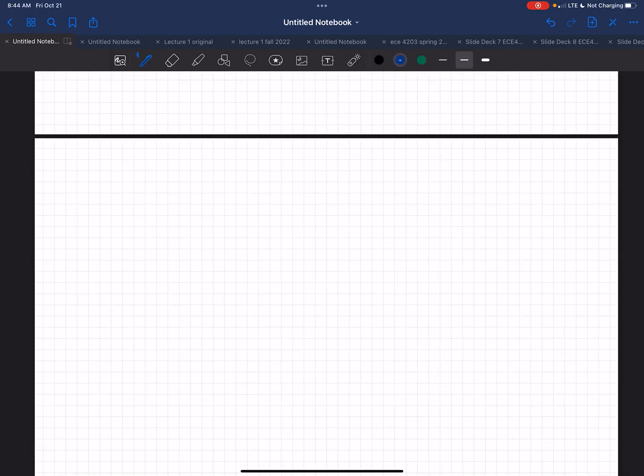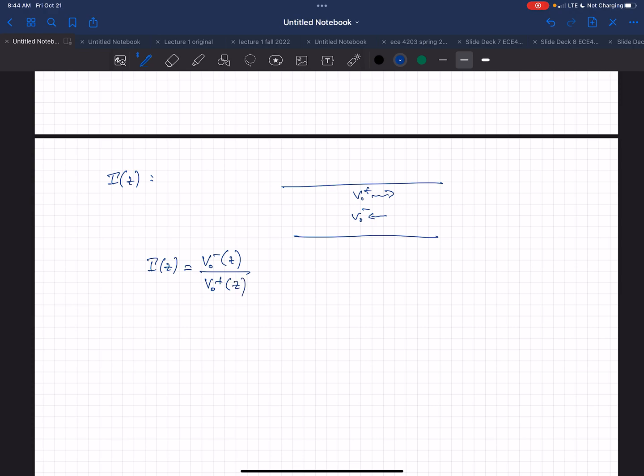So back to gamma sub z. At any point in the transmission line, you're going to have a forward-going wave and a reverse-going wave. So at any point along the line, I've defined gamma sub z equal to V0 minus of z over V0 plus of z, or the ratio of the backwards going wave to the forward going wave.